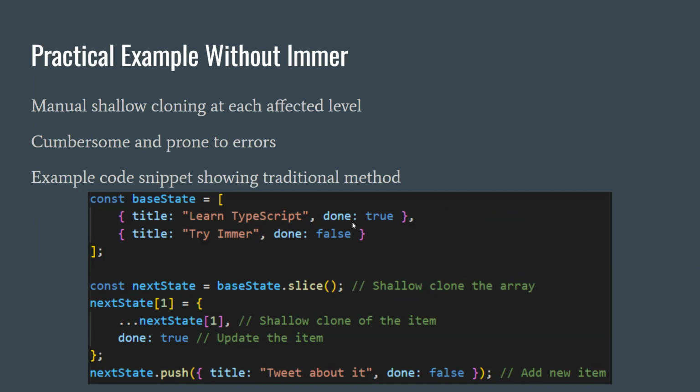Practical example without Immer. Let's consider a scenario where you need to update a task status and add a new task to an array. Let's imagine you don't have access to Immer. Then you need to carefully shallow clone each affected level of the state structure.